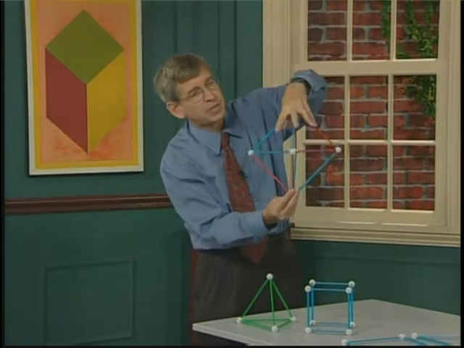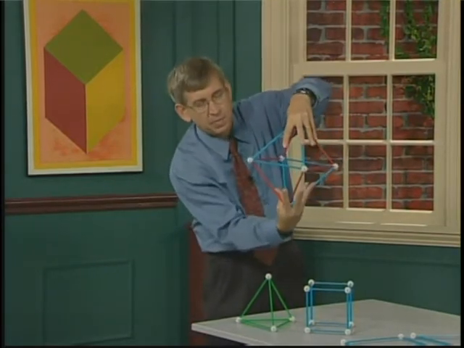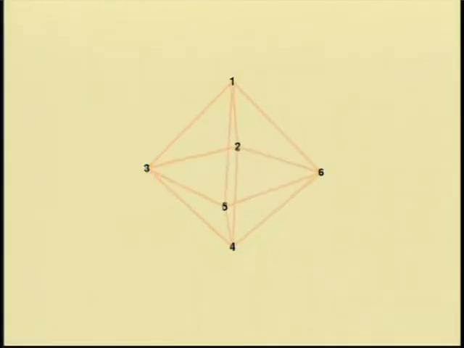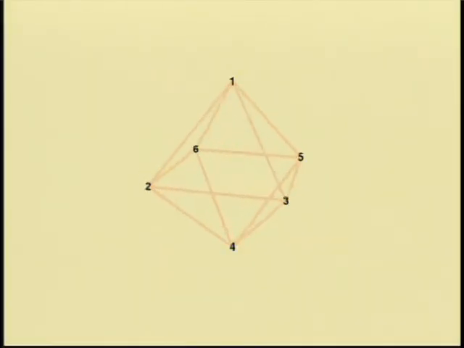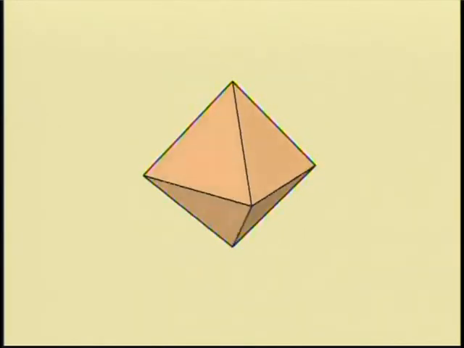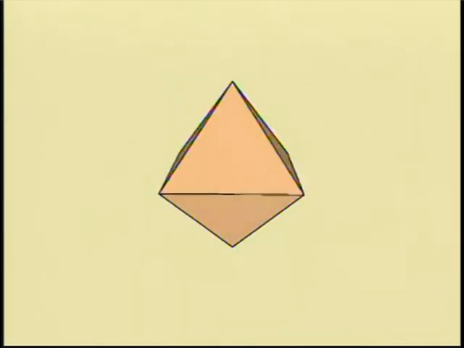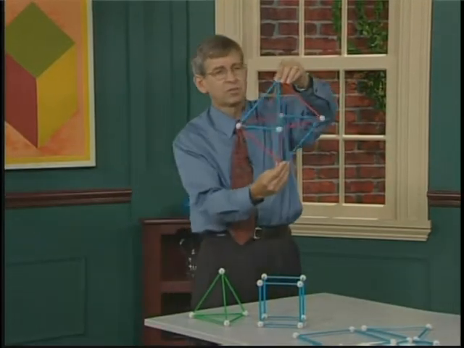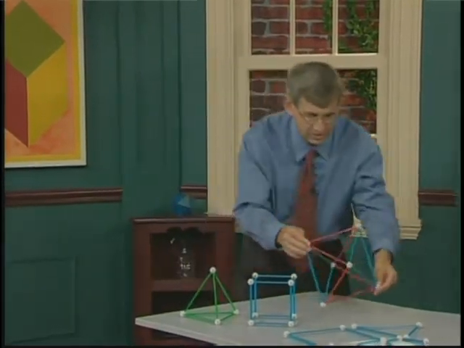You have a pyramid on the top and a pyramid on the bottom. And you see they fit together right here in the middle. Here's a square in the middle and a pyramid underneath, a pyramid on top, and this forms this 8-sided symmetrical figure, the octahedron. Isn't that beautiful? I think these are great just to look at.